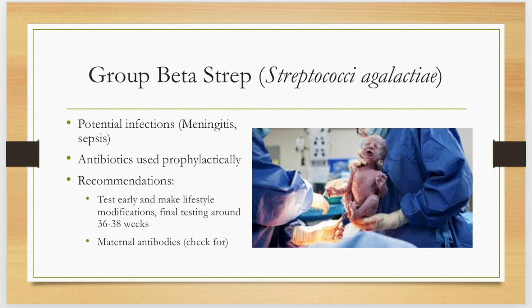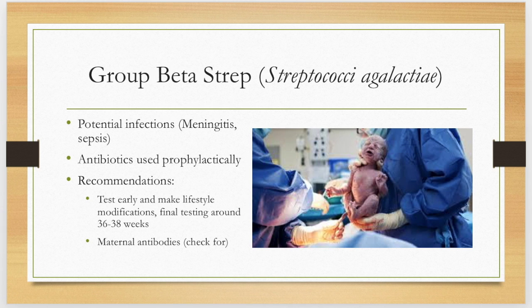We test for GBS, and we do this because GBS is a bacteria that is generally present in healthy individuals, about 25% of the population. And in an adult, GBS doesn't cause symptoms. You can still be relatively healthy and have this colonized in your colon or in your vagina.